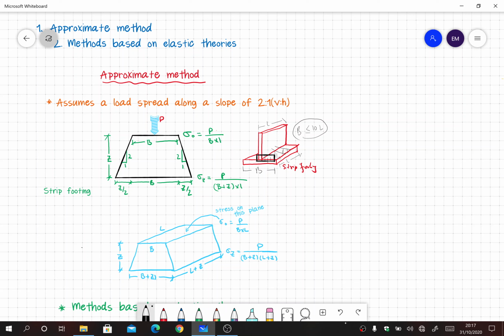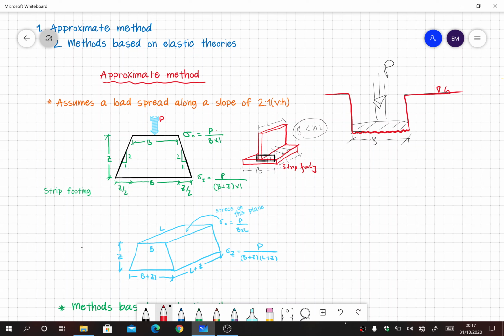So let me draw the cross-sectional view of a strip footing. So if this is a strip footing, we know that it is at a certain depth, and this is the foundation, and this is, let's say, the column, and a load P is being applied. So if this is the width, just at the contact point, so this here is the contact of the load to the ground surface. This is the ground surface, and we have dug up a hole, so this all is a ground surface, right?